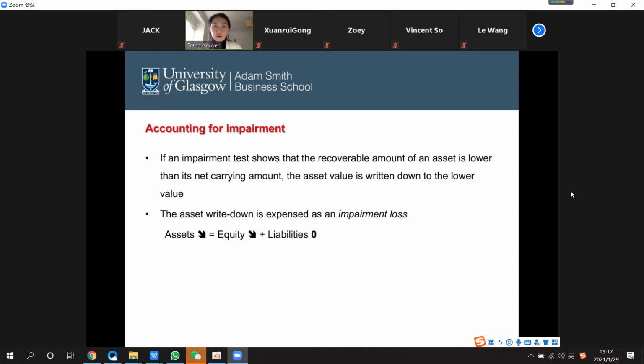So it's recorded as impairment loss. You can see here I use two sides: the assets are reduced, meaning the value of that asset is reduced, and equity is reduced because we record it as an expense. When we record an expense, in general, at the end the equity will be lower. So it's reducing equity as well.